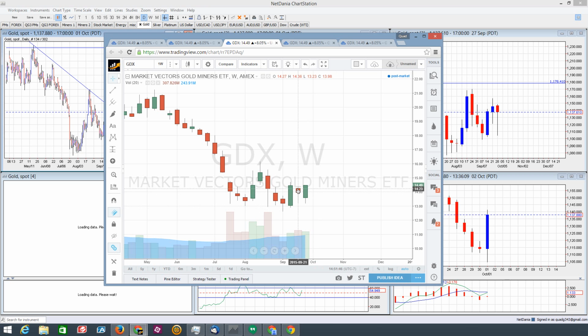But again, this weekly candle is also in the middle of a bunch of congestion, so you've just got to take a few points off of the probability of producing the kind of follow through that you would expect off of such a candle.